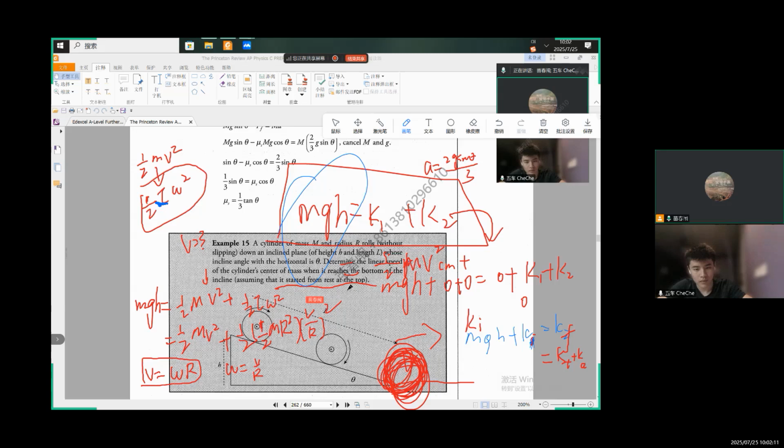With this equation, I think we can find V, because V is the only one we don't know. So we just simplify all the M, and the R squared also goes out.